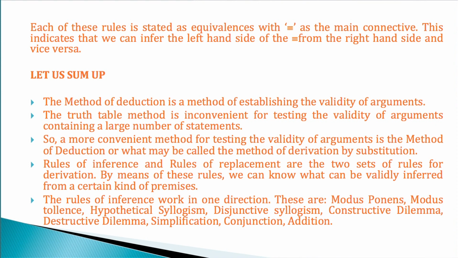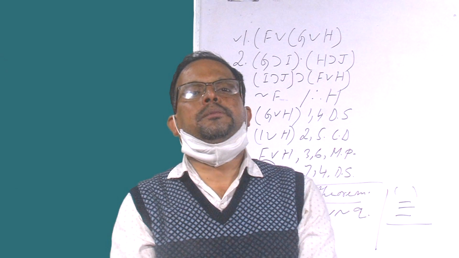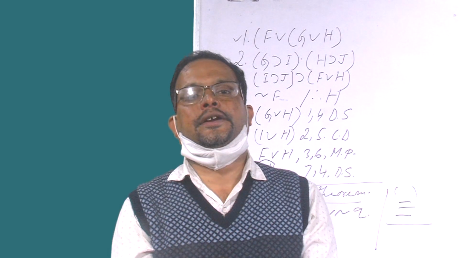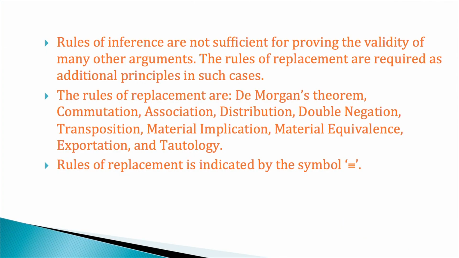Dear learners, rules of inference work in one direction. These are modus ponens, modus tollens, hypothetical syllogism, disjunctive syllogism, constructive dilemma, destructive dilemma, simplification, conjunction, and addition. Rules of inference are not sufficient, dear learners, for proving the validity of many other arguments. Therefore, rules of replacement are required as additional principles in such cases.